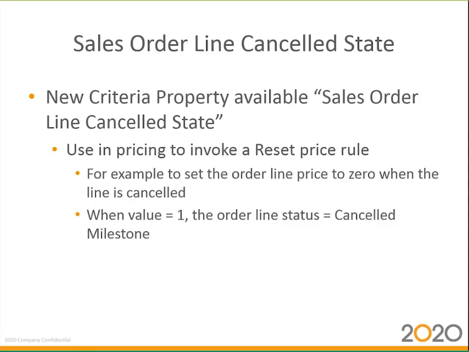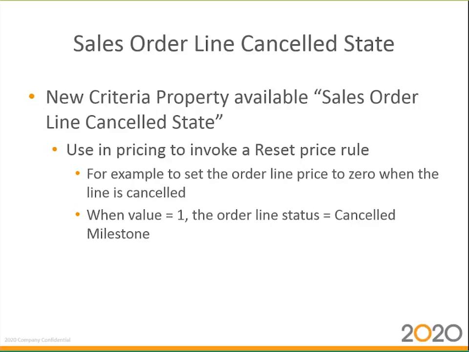That's always been a bit of a challenge because it's heavily reliant on workflow and making sure that things go through all the right sequences. This is now more of just a state that's available. You can check it at any point in time to know, is this line in a canceled state or not? If it is, then you can take action based on that.